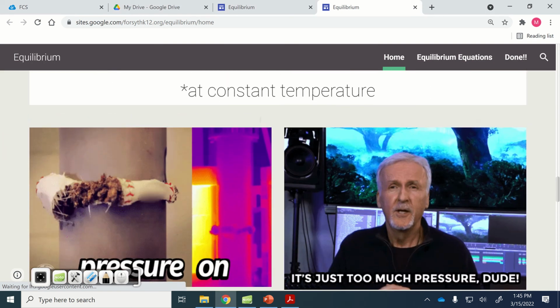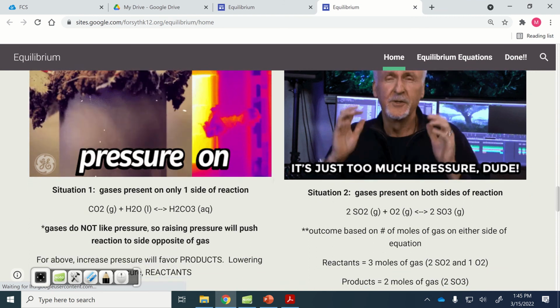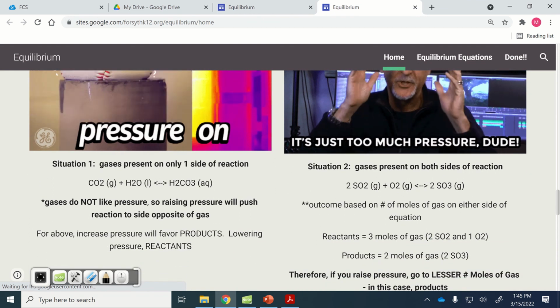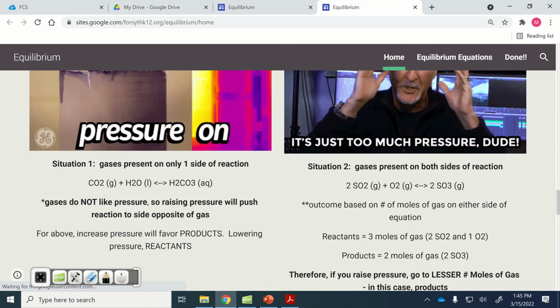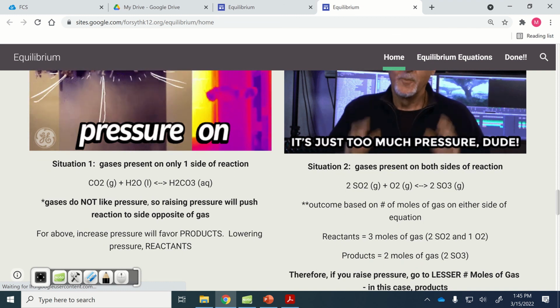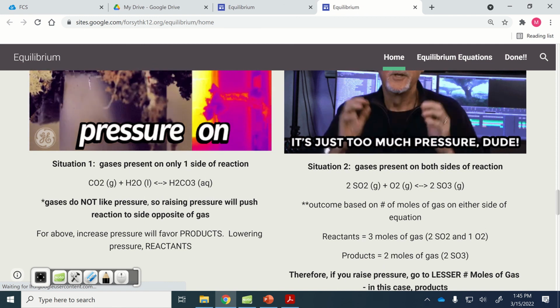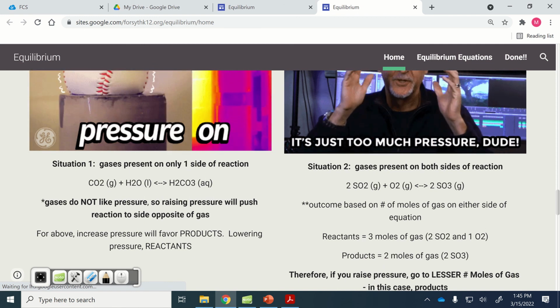Pressure. Okay? With pressure, you basically have to pay attention to two things here. First off, pressure is only going to affect gases. It doesn't affect liquids, aqueous, or solids. Gases are the things that don't like pressure.